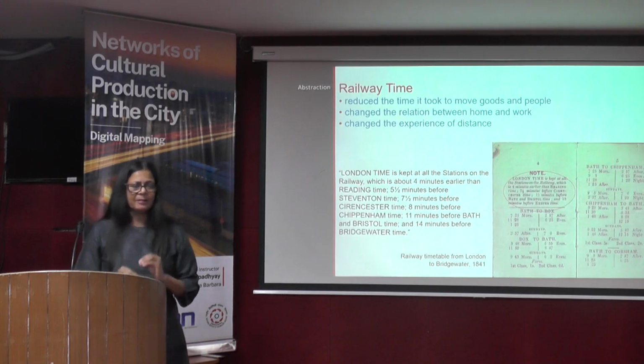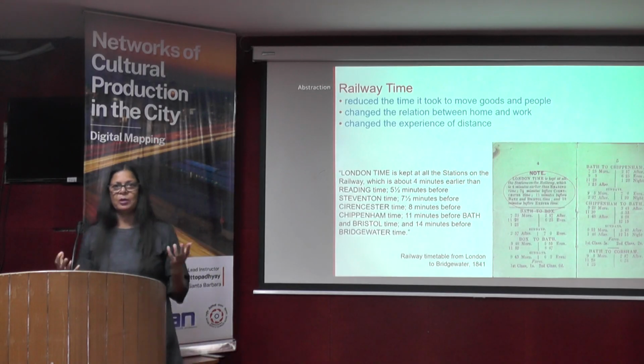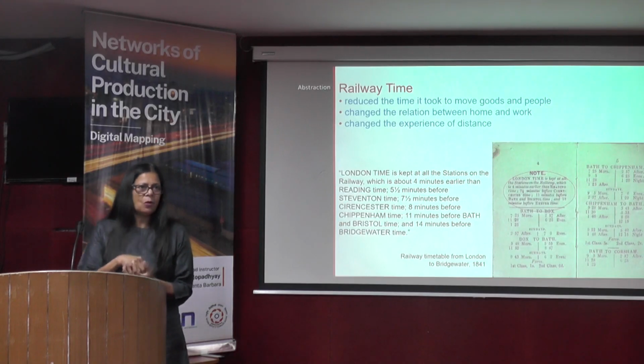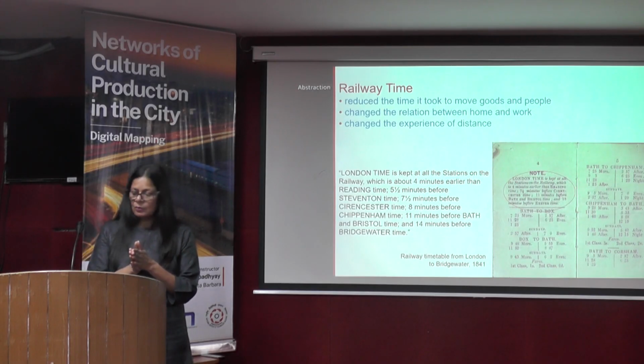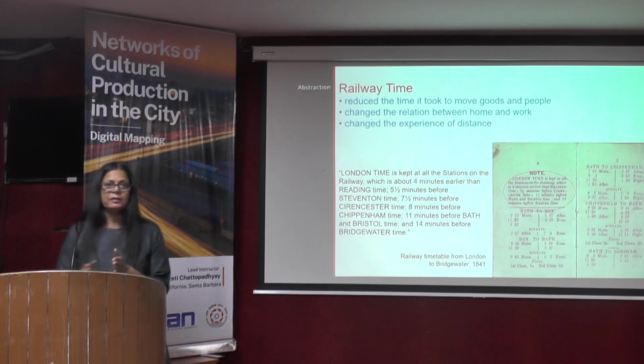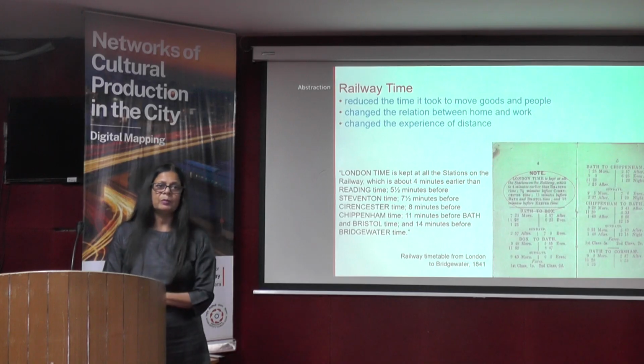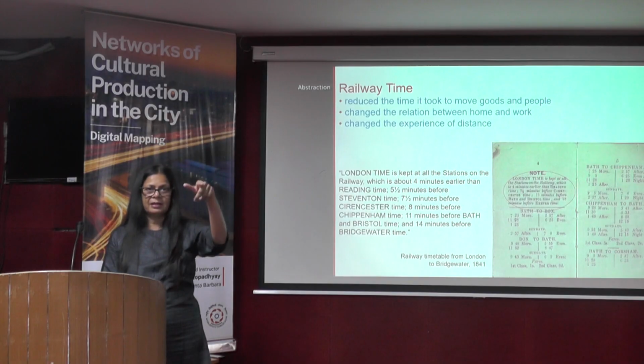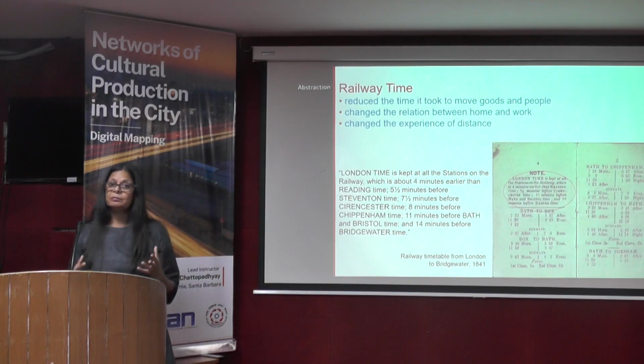When time and space come together, and this was very important for railway time, every town had its own time. Let's say one place, what time is it now? It's 4:40 here. In the next town it would be 4:43, because the sun is dictating it. And this proved a real problem.